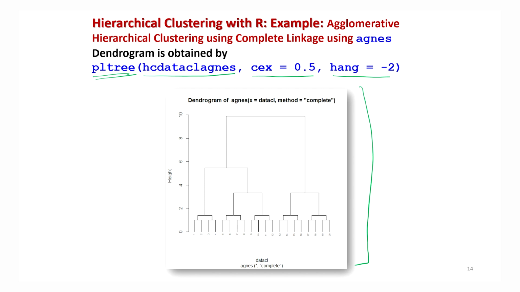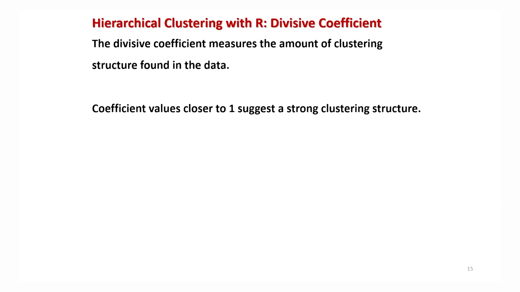And these are the heights I was talking about earlier. You can see this height, this height, and this height are different, and you can interpret them in the way I told you in the last lecture.